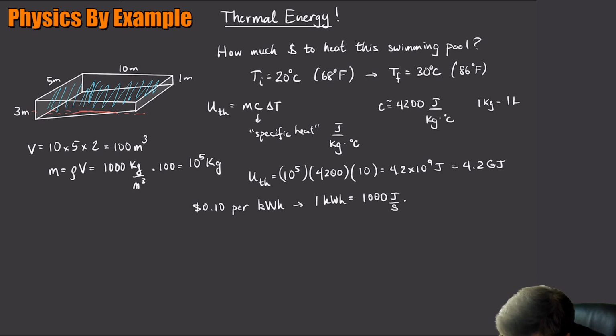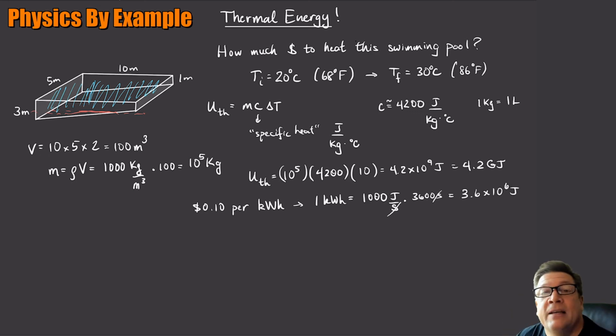So that's going to be 3,600 seconds. So there's my joules. So it's 3.6 million joules. So 1 kilowatt hour is 3.6 million joules, and that's going to cost you 10 cents. Or maybe an easier way to think about it is 3.6 times 10 to the 7th joules per dollar. That's what it's going to cost in order to do this thing.